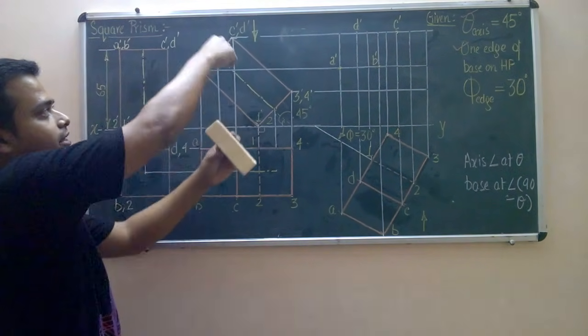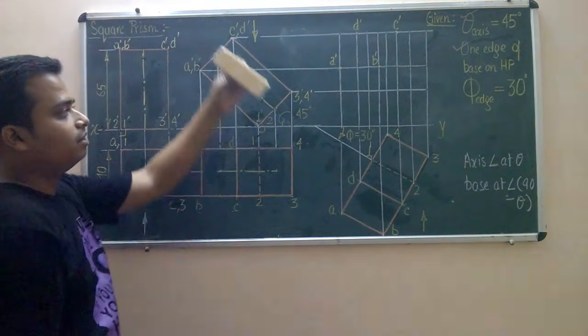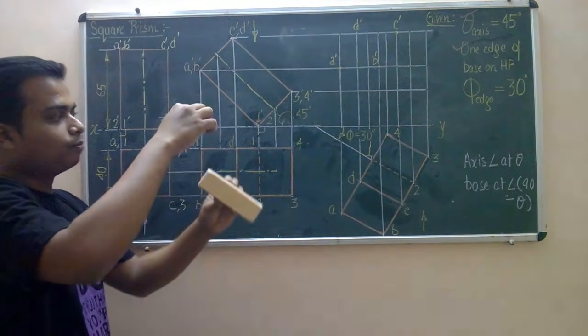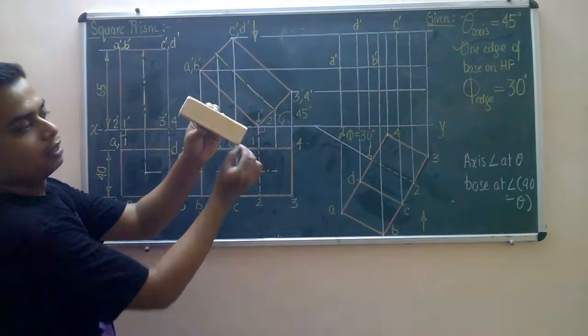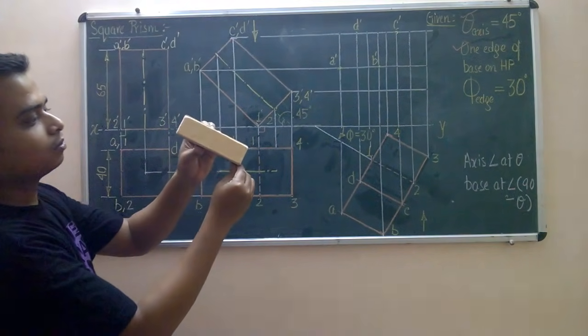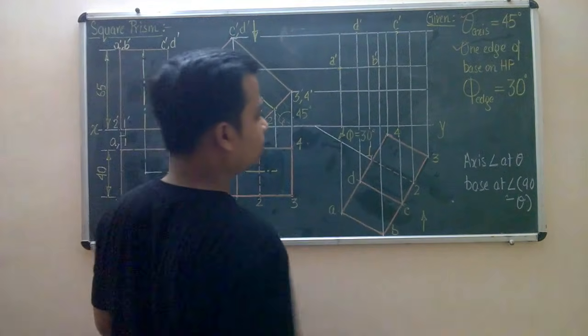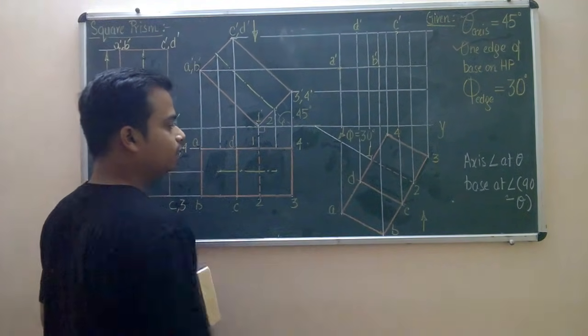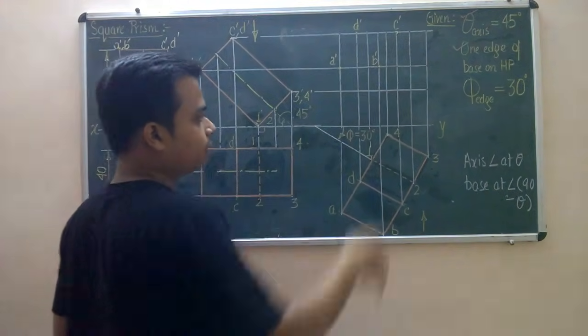We recreated this particular figure here at an angle of 45 degrees and accordingly we drew this top view. Then it was said that this particular edge lies actually at an angle of 30 degrees. So we did this line. So we recreated this top view and then accordingly now we have all the points.